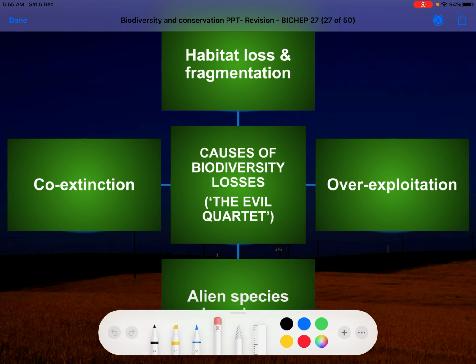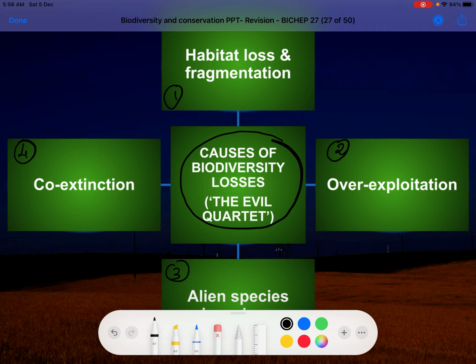Now if we discuss the causes of biodiversity loss, there are four main causes, and due to them biodiversity loss happens, and that is why it is evil for us.